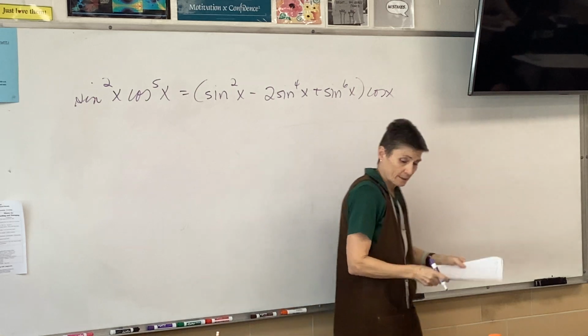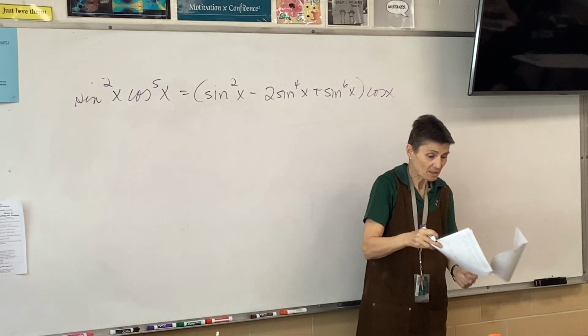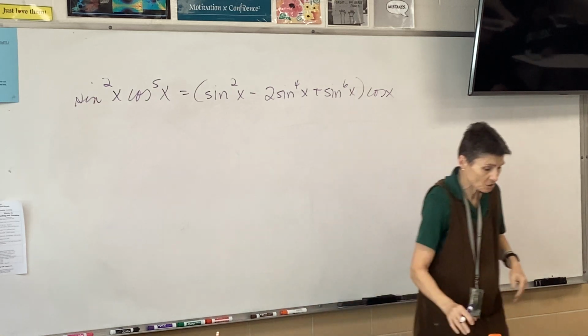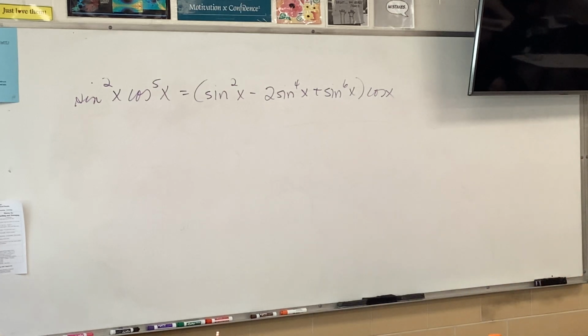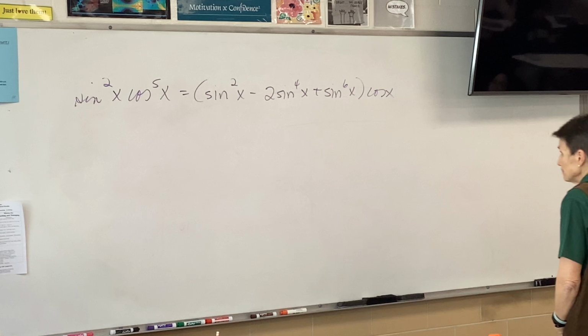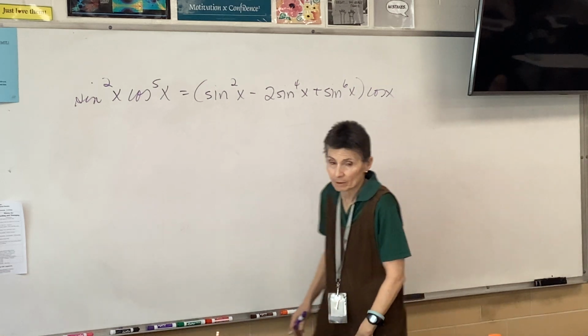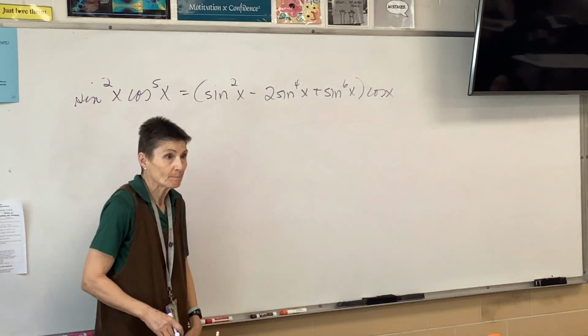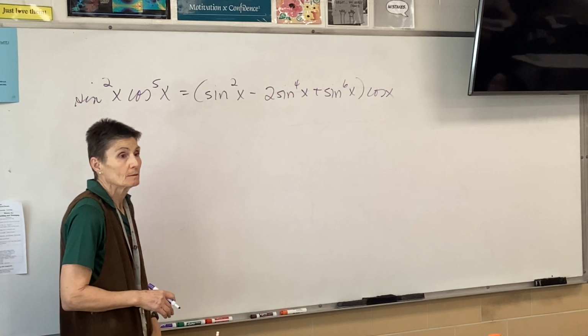So when you look at this massive problem, this thing is huge. When you look at this, you have to do something. Does anything occur to you? You notice anything that you might be able to do? Yep. You could take out one of the cosines on the left.